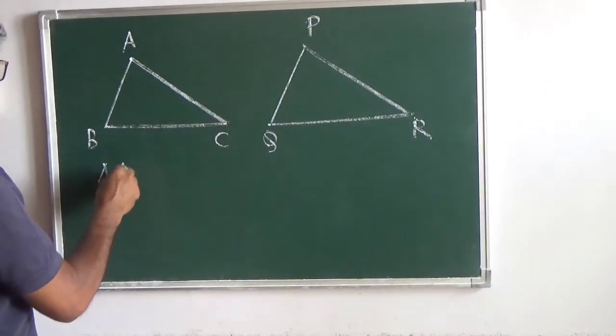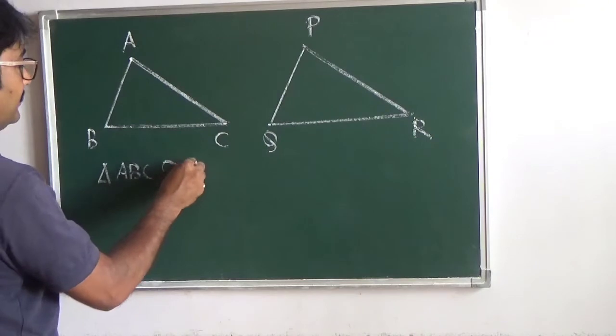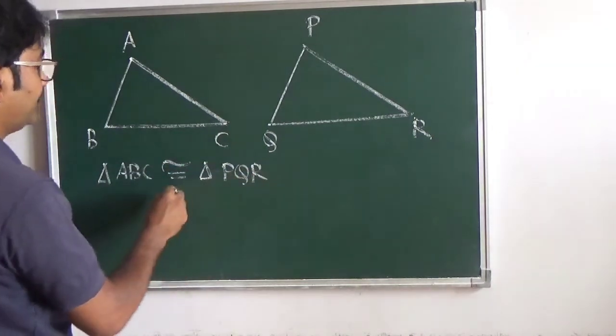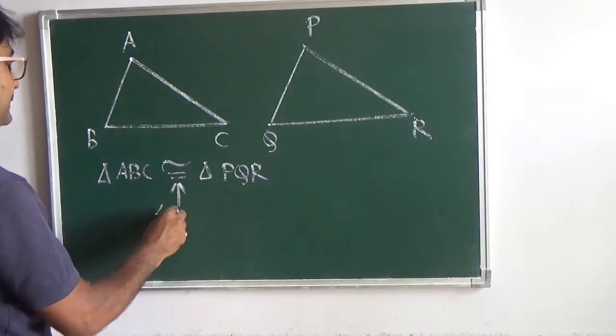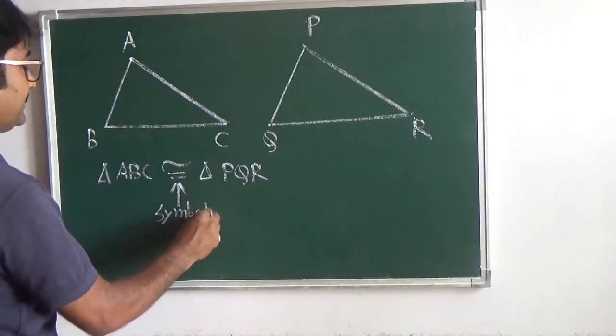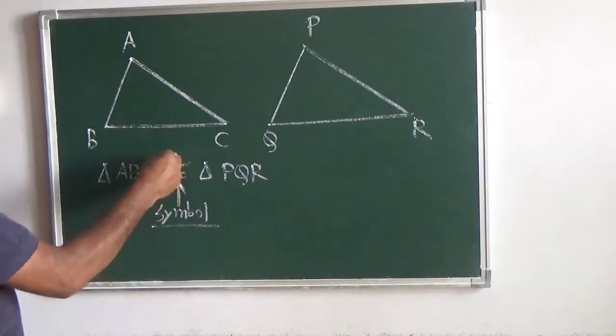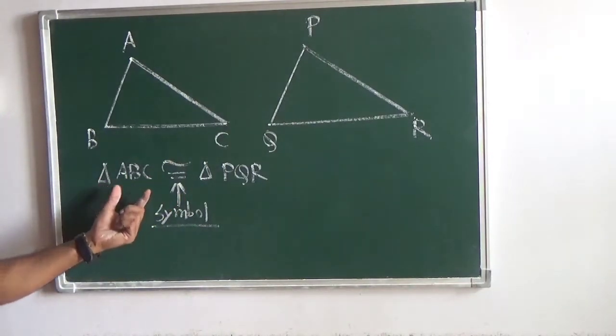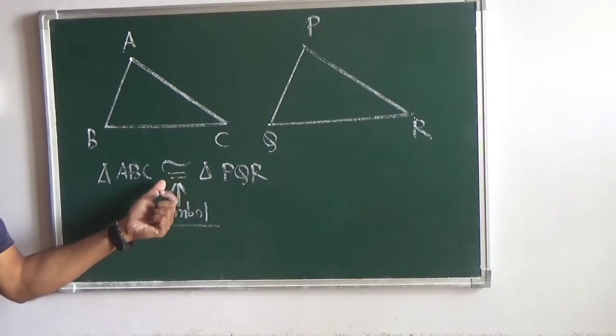Triangle ABC is congruent to triangle PQR. This is the symbol of congruency. This symbol signifies that triangle ABC and triangle PQR are congruent.